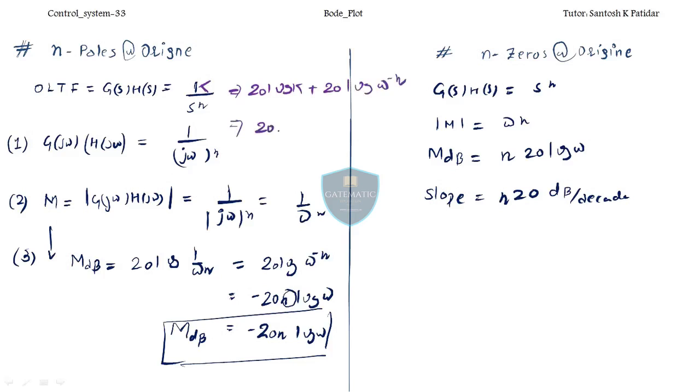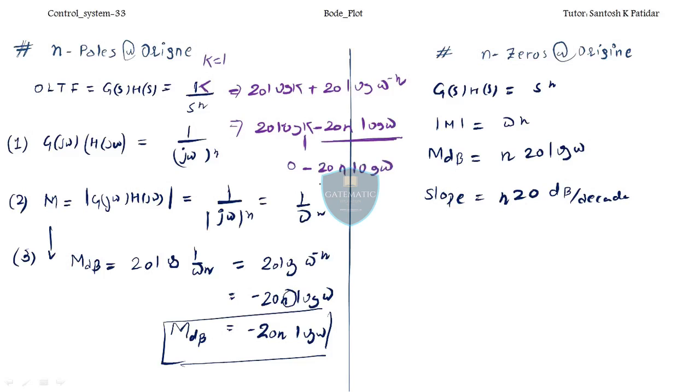Means in this case you will have 20 log k minus 20 n log omega. Initially we considered only 1 over here, if k is 1, log 1 is nothing but 0, so we were getting initially minus 20 n log omega.